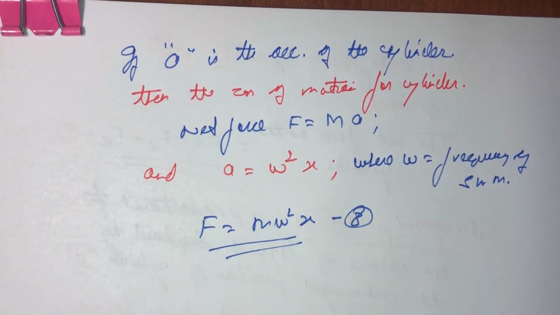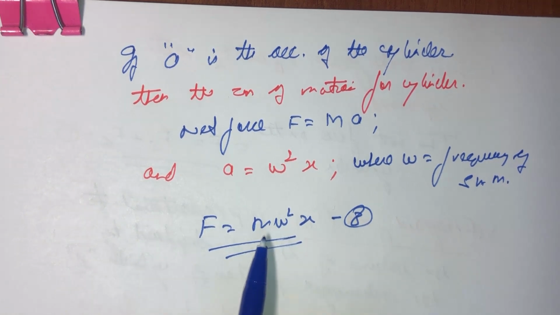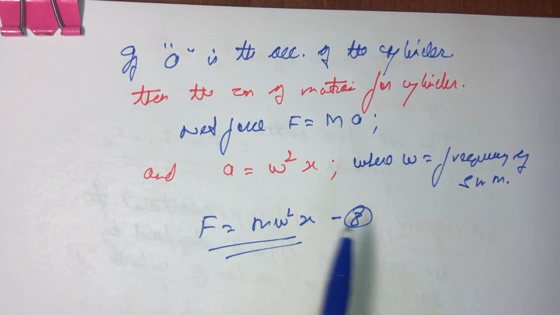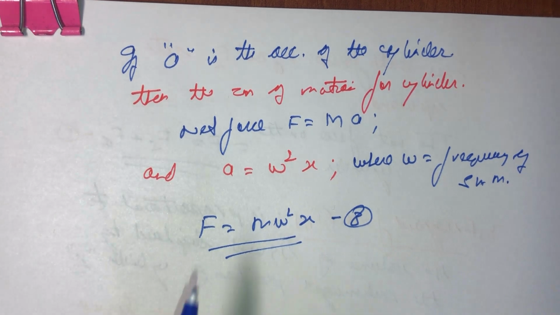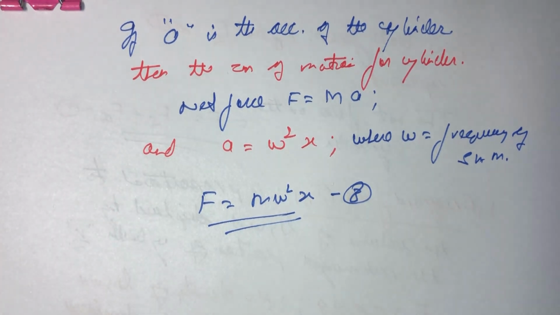So now it's quite simple. Now we have the equation of net force in terms of mass, frequency and x, and we also have F in terms of the net force acting on the body, which is a summation of buoyant force as well as spring force.